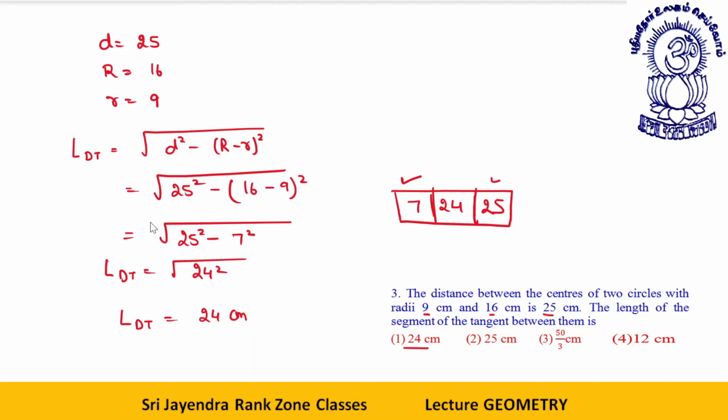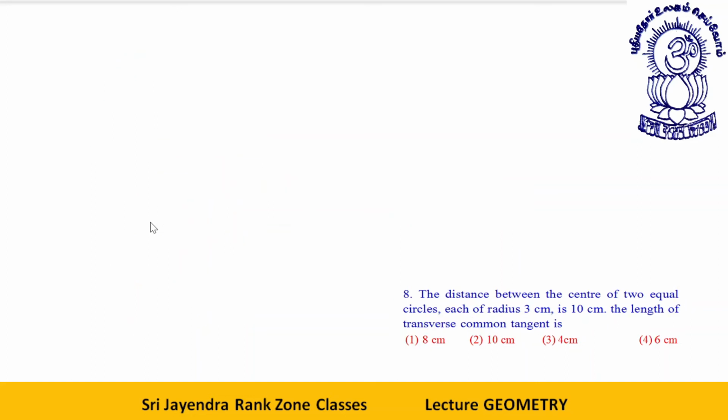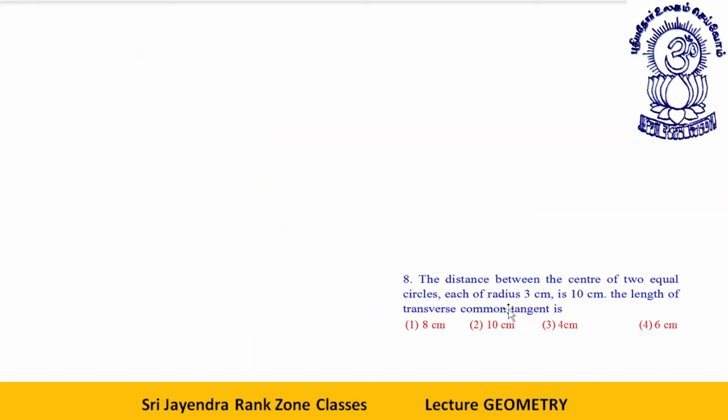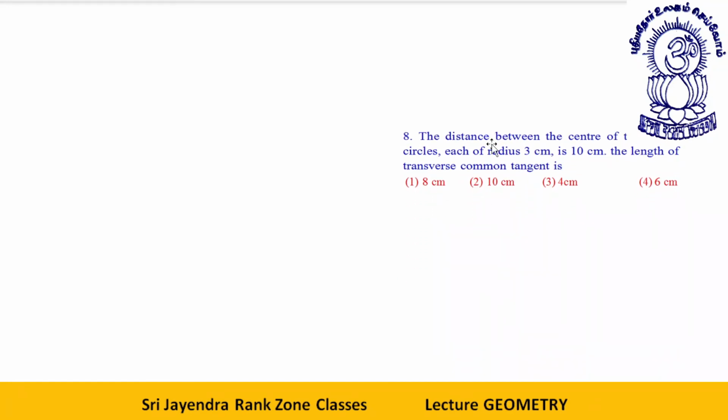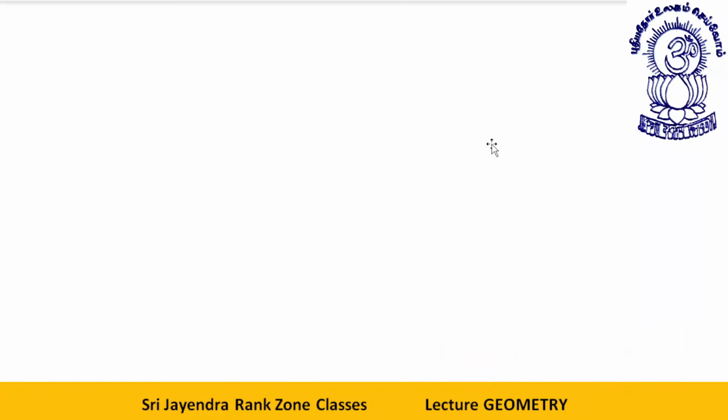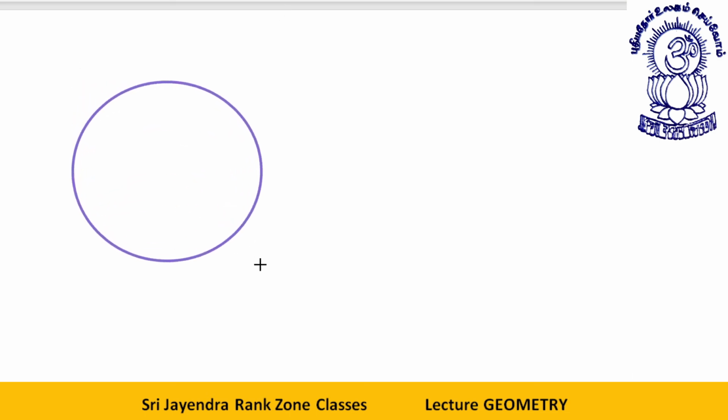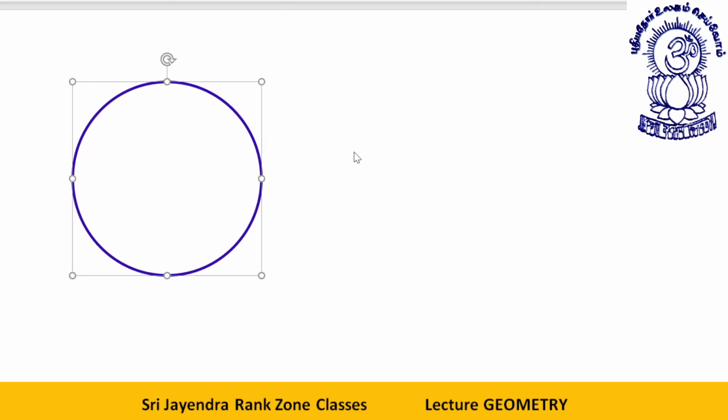So now let's move to the concept of transverse common tangent. Before I directly proceed to this question, let me explain the concept. Let's say we have two circles. I draw two circles, then I take a tangent to them. This is a bigger circle, suppose, and here I take a smaller circle.